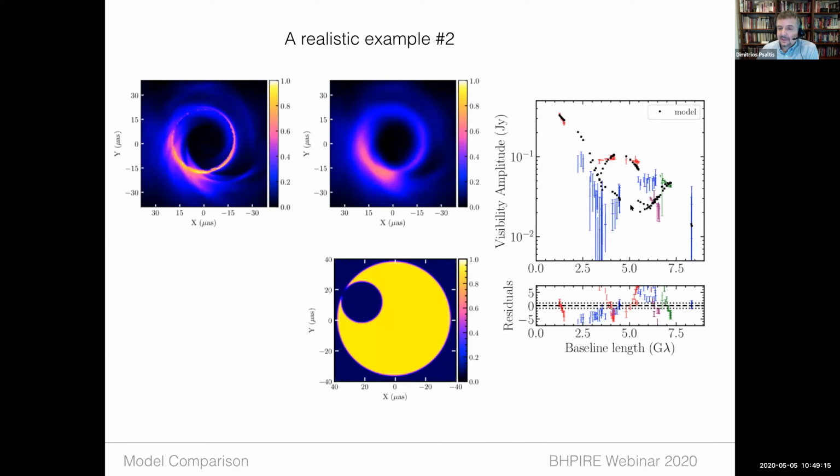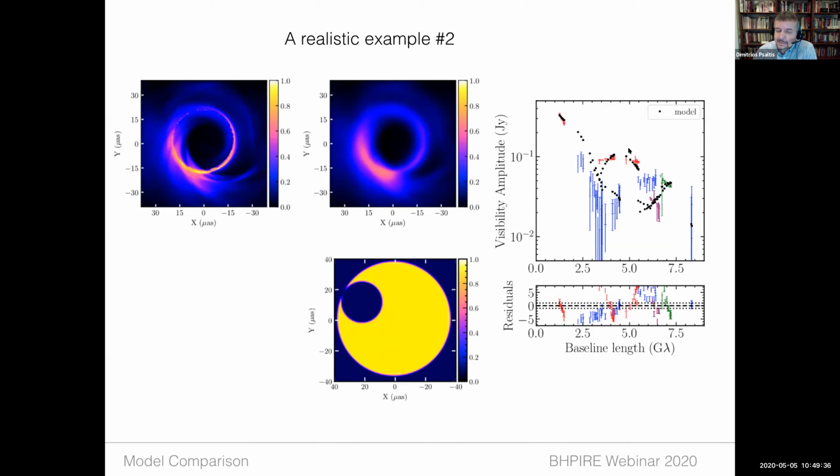And the reason, if you look at the data, is that the blue baselines do not have this characteristic nice sharp feature that your model has. The red baselines have none at all. And the model is trying its best to go through the structure, but clearly does not have enough freedom to do it.